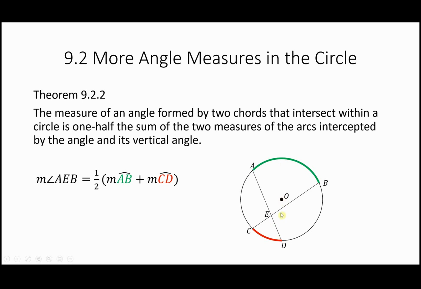If it's anywhere other than the center, then we've got to come up with some other way to measure the angle being described here, okay? And we could do that by taking basically the average of the two intercepted arcs' measures. So we add them together, and then we divide by 2.